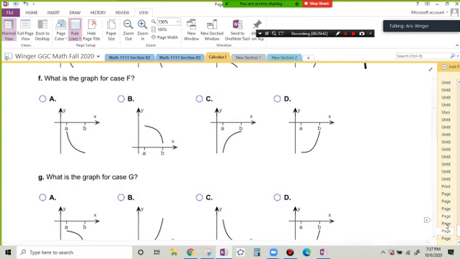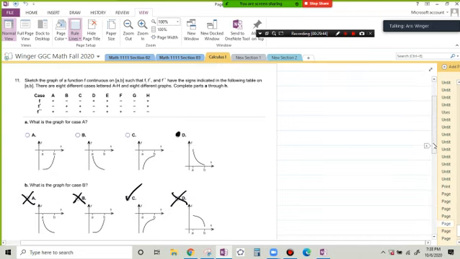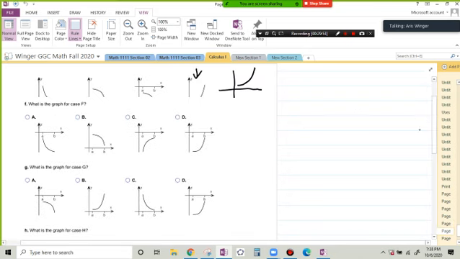F. F was negative the whole time, minus, minus, plus. Minus, minus, plus. Function's always negative. Function's decreasing, concave up, minus, minus, plus.